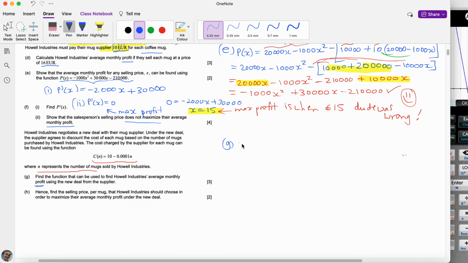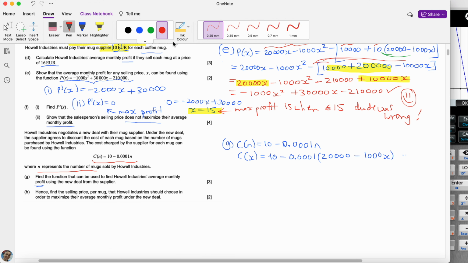Okay, so basically our cost, let's go back to the cost function. So this is going to be C of n. What this is going to be in terms of x is 10 minus 0.0001, and you know what our n is, right? Our n is going to be 20,000 minus 1,000x.